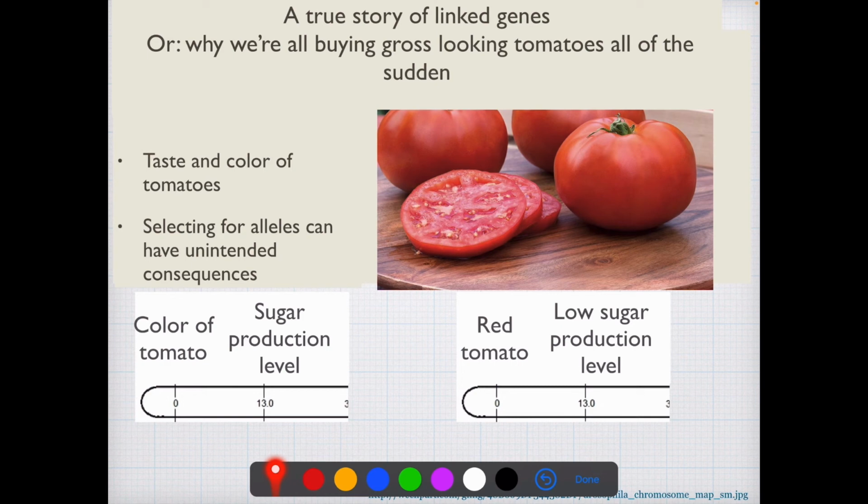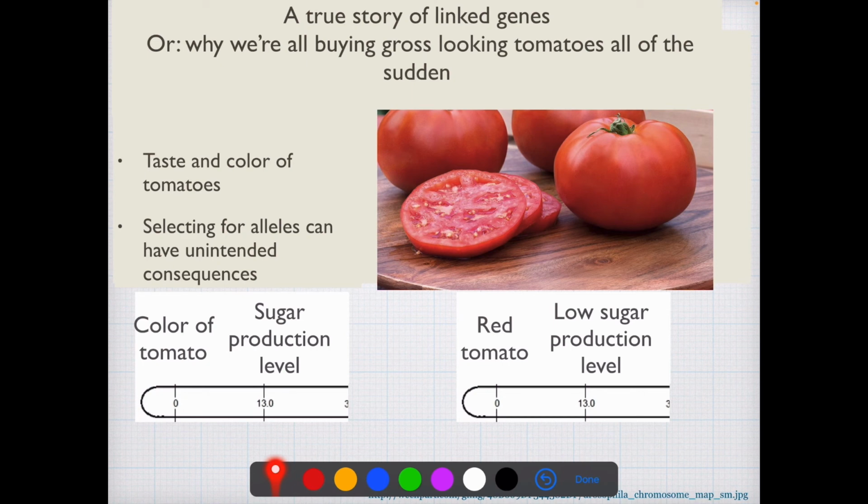The reason why we buy these is because they are sweeter than your more traditionally red, round tomatoes. And that is actually because we, as a society, accidentally started breeding tomatoes that had less sugar production.